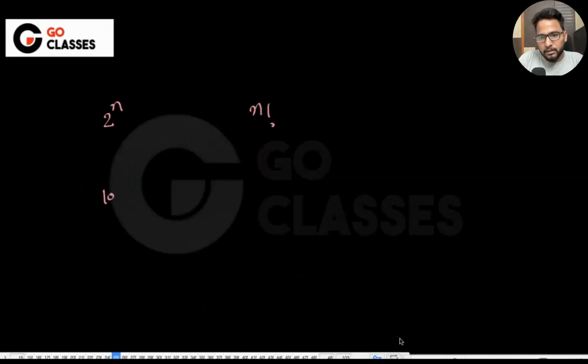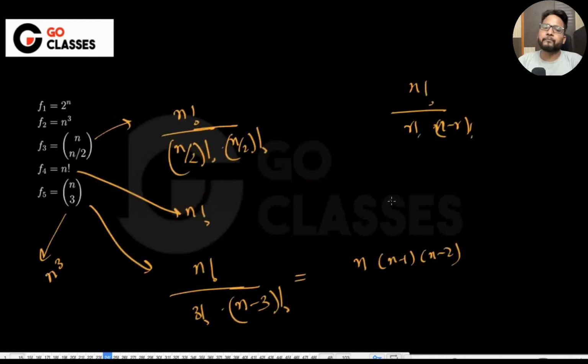This is n. And this is n log n. Right? So I think n factorial is greater. Strictly greater. So n factorial is greater, right? Why are you saying that 2 power n is greater? So I think n factorial is greater. So basically, n factorial is greater.